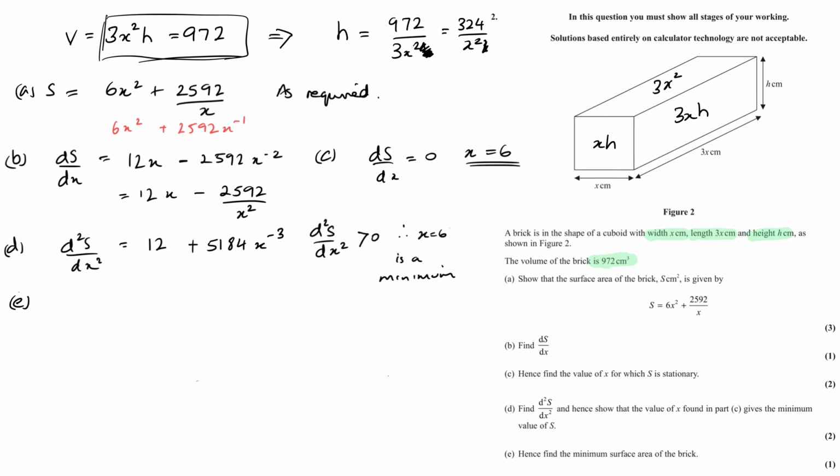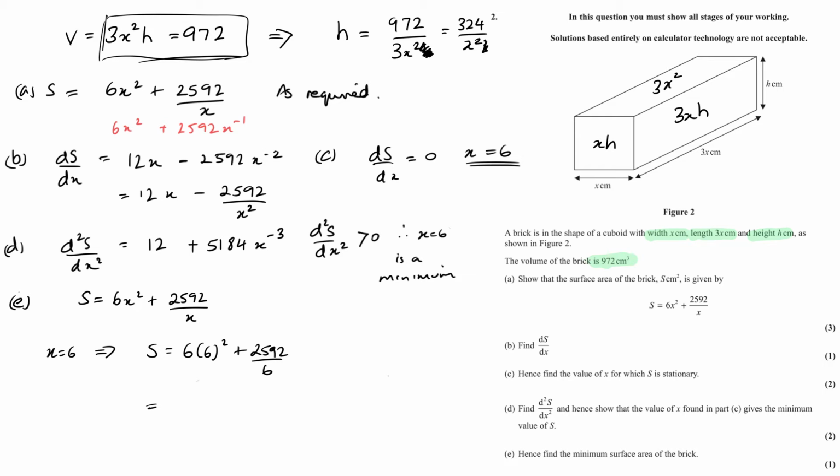Final step, hence find the minimum surface area of the brick. So that is just using the original formula. So s equals 6x squared plus 2592 over x. x equals 6, so s equals 6 times 6 squared plus 2592 over 6.